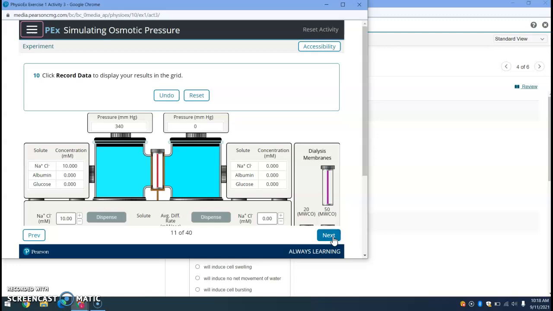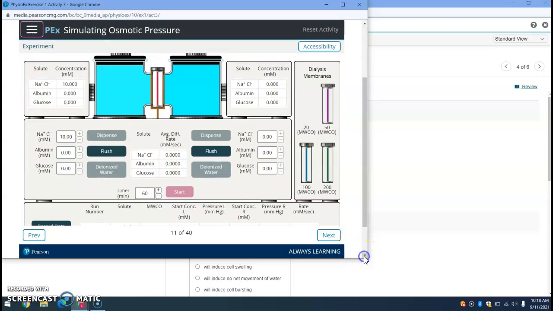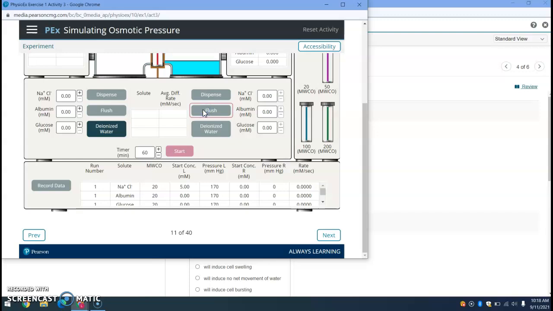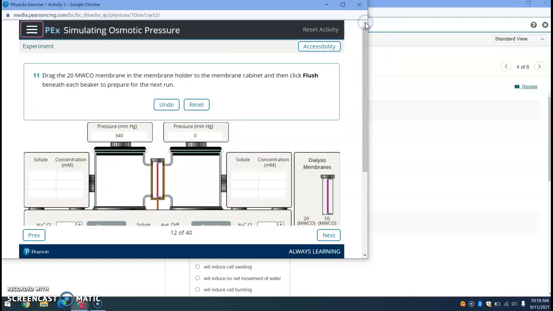So next, click record data. And then we're going to flush both sides. Drag the 20 molecular weight holder to the membrane cabinet and click flush to prepare for the next run.